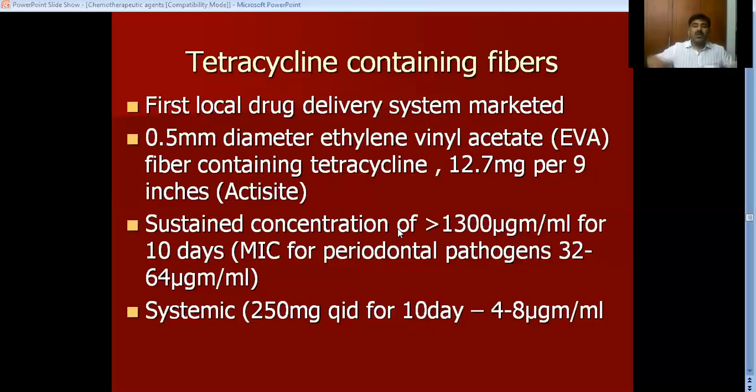So when you give it systemically, you are giving a large amount of drug, but within the gingival sulcus, the area that is needed, you are not getting a sufficient quantity of drug. When you place these fibers, you get a concentration that is much, much above what is actually needed. So that is the basic idea of these local drug delivery agents.